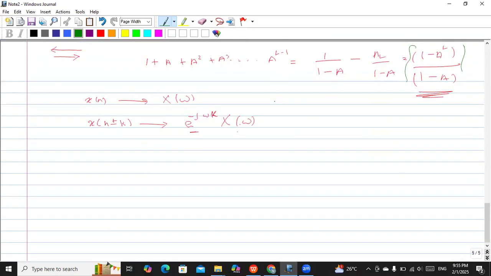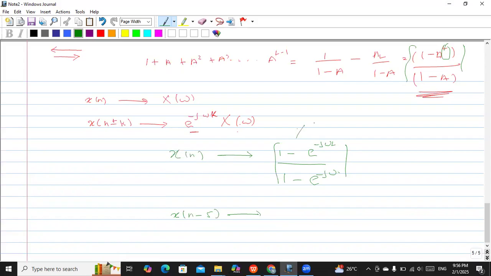So the Fourier transform of x[n] is 1 minus e to the power j omega L, because L is here, divided by 1 minus e to the power minus j omega. And if I ask you to find x[n minus 5], then you no need to find it at the beginning.